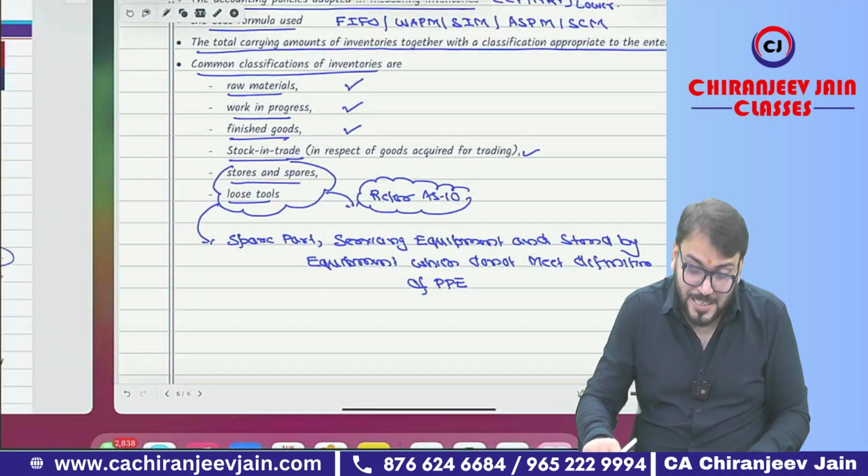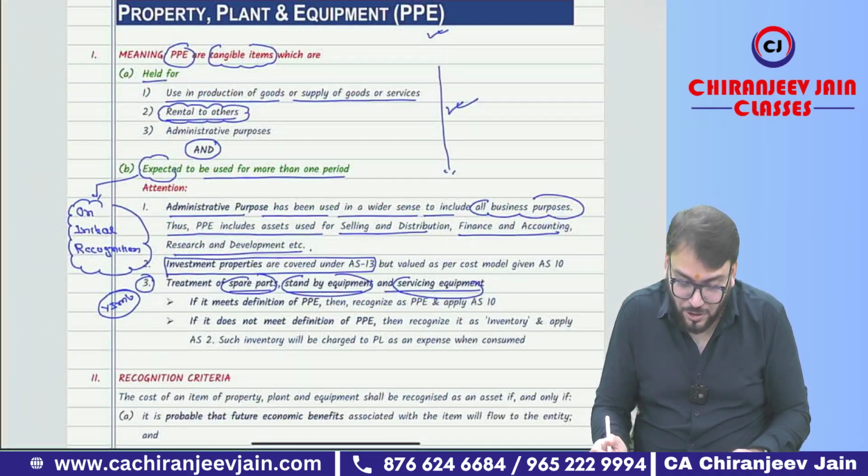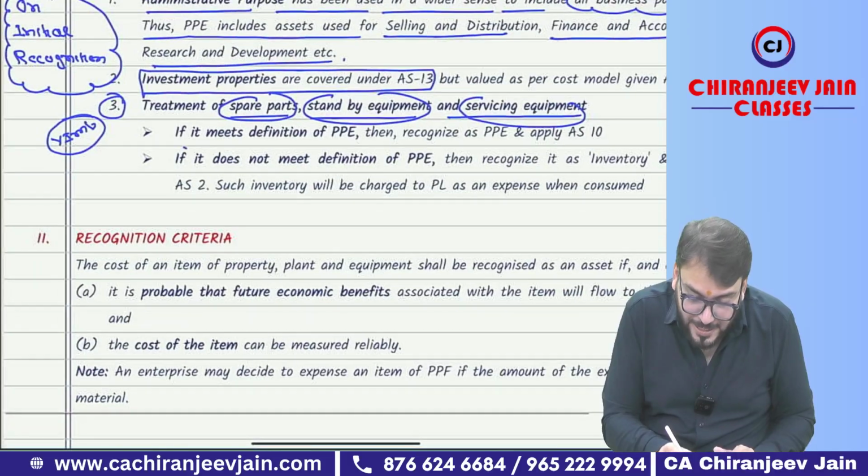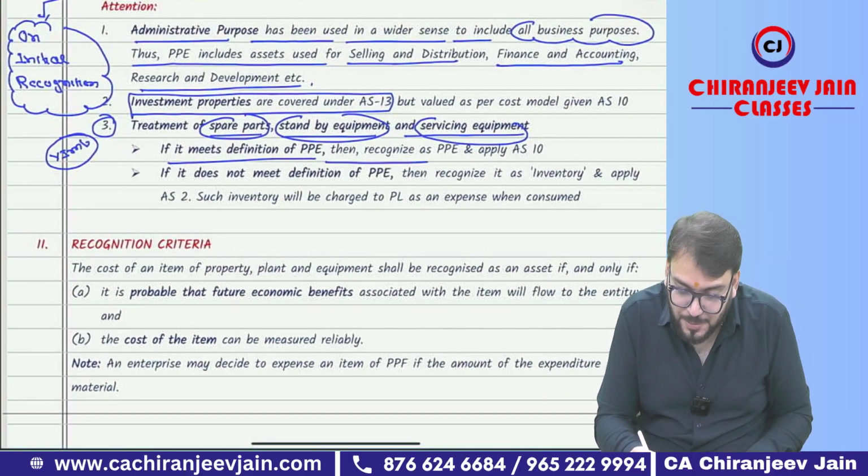Understood? But if meet the definition of PP, then you need to apply AS10. That is only given. If it meet the definition of PP, then recognize as PP and apply AS10.